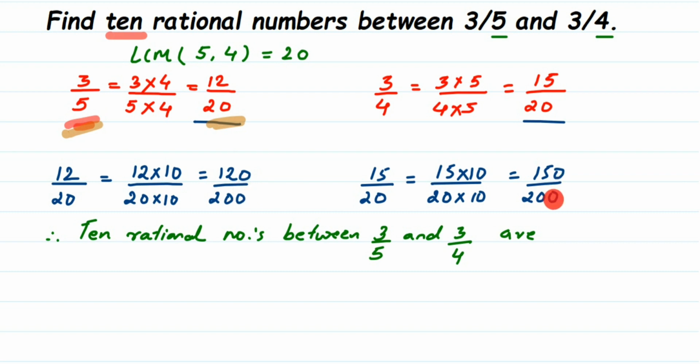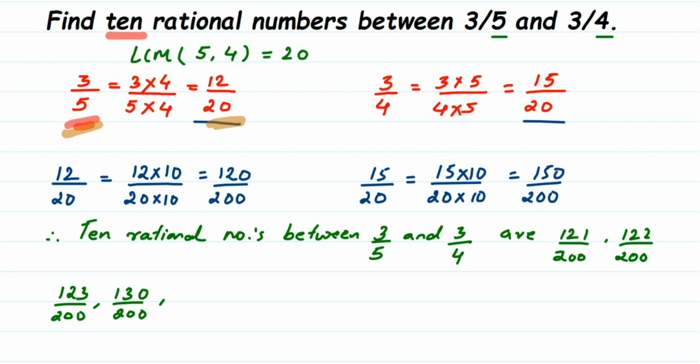So I'm going to start with 121 by 200, 122 by 200, and you have 123 by 200. I'm going to take a different number. Let us take 130, because 130 lies between 120 and 150, right? So 130 by 200.